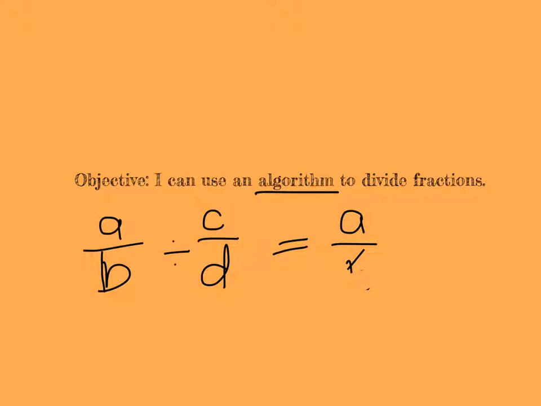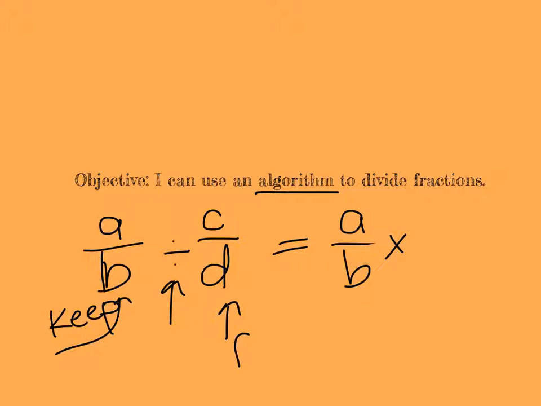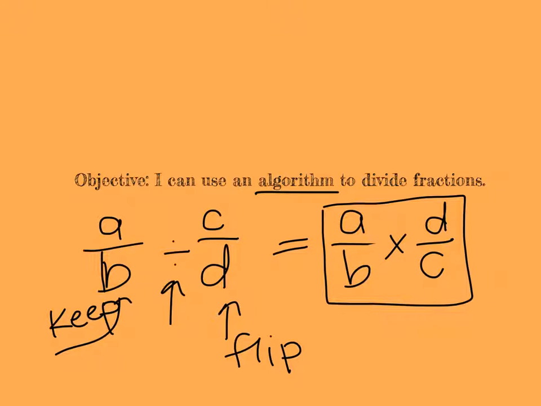So our first fraction we keep. Then we change our sign to multiplication, and we flip our second fraction. So it's going to be d over c.